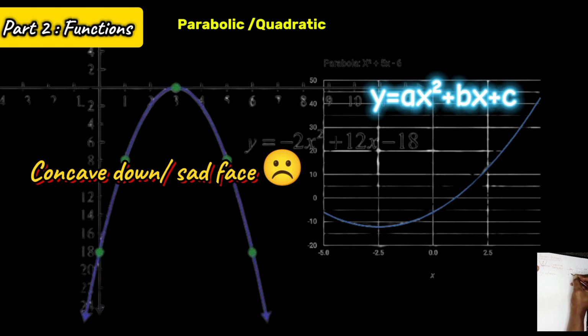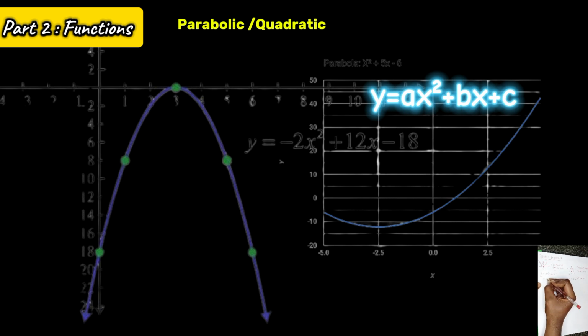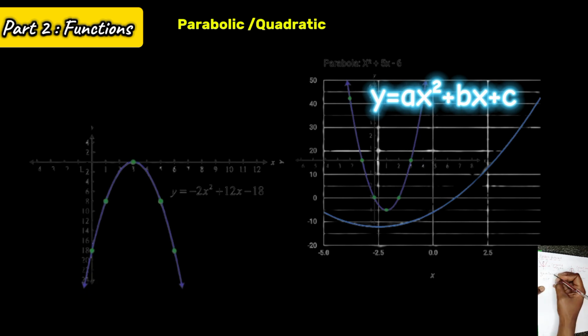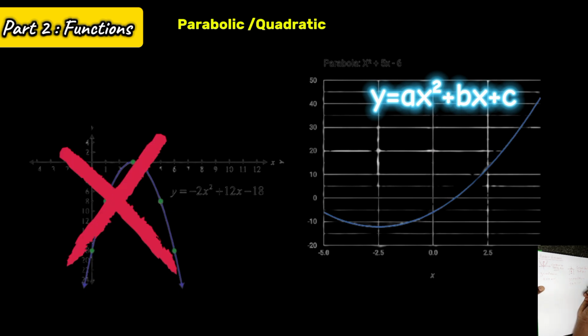Anything that is negative is a sad face, and anything that is positive has to be a smiley face. So this means that when you have a greater than 0, your shape should be positive. And if you have a less than 0, your graph should be a negative graph, right?